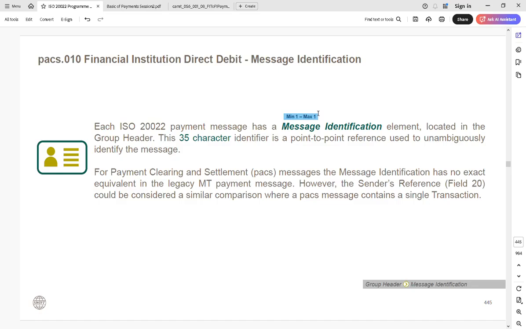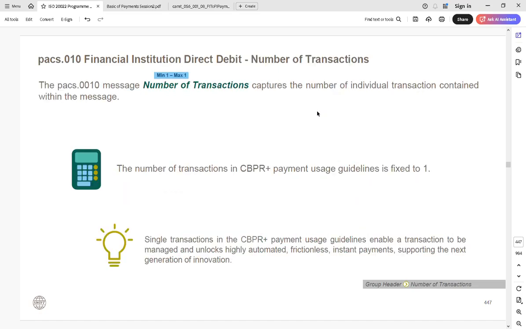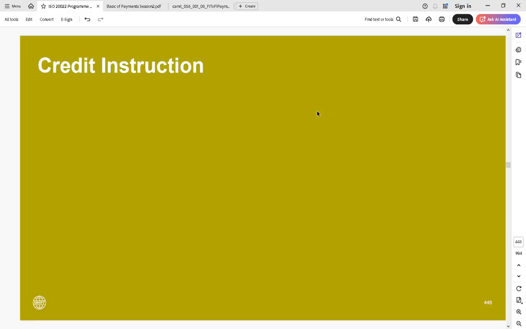Okay, group header again, no specific information. Message ID is there, date and time, number of transactions is again only one transaction, there is no change. Credit transfer information, let's see quickly whether we have the same information in the same chain as well.